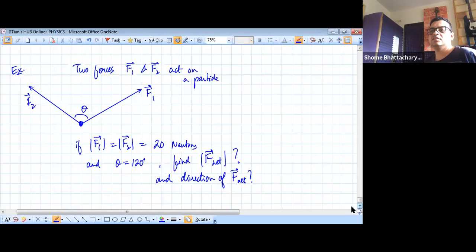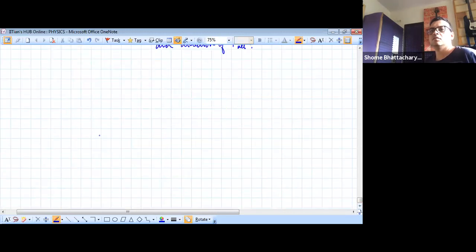So what we can understand here is that if this vector is equal to this vector in magnitude, this is also having a magnitude of 20 newtons, but they are having different directions, so they are not the same force.